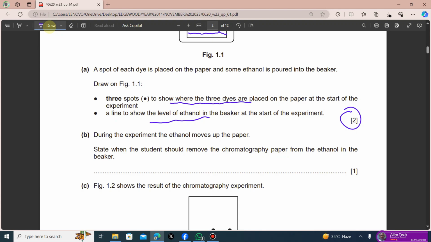The student can remove the chromatography paper from the ethanol in the beaker when the ethanol is almost at the top of the paper.